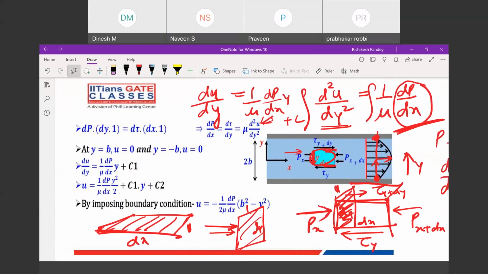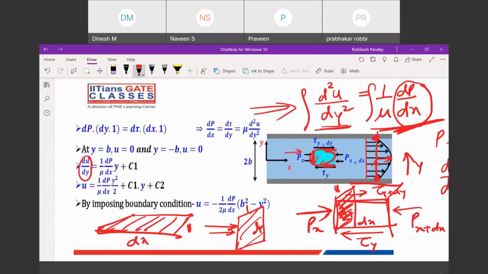So after integrating this one, the left hand side will become du by dy. On the right hand side, all these things are constant, so they come out of the integral, and we're left with y only.